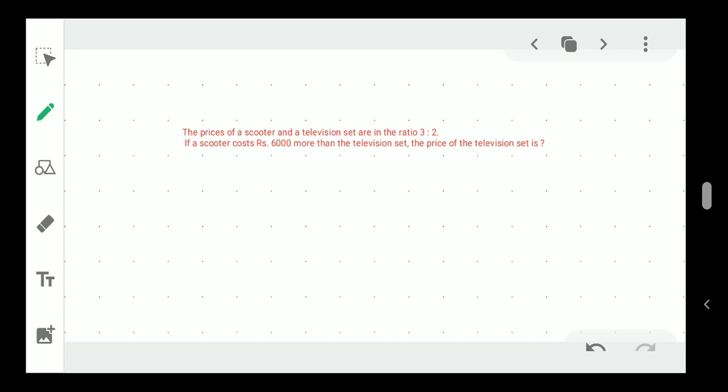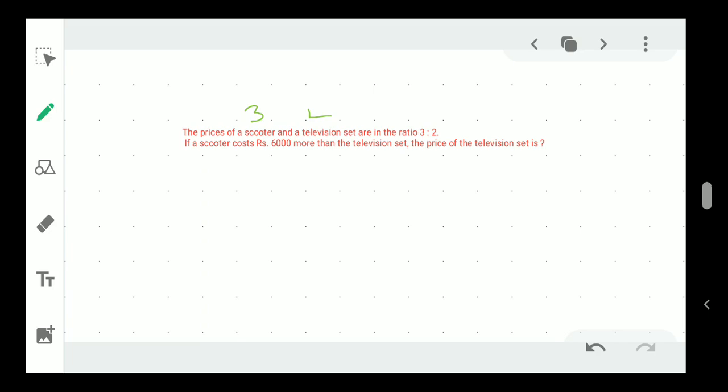So when the price of the scooter is 3, the price of television will be 2. Okay, so this is a comparison. Fine. Acha. So if the scooter costs 6,000 more than the television set, the price of the television set is what?